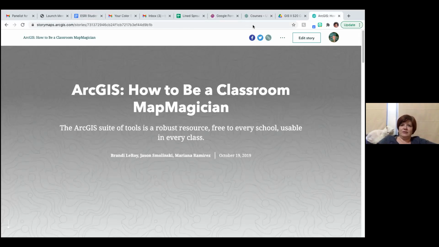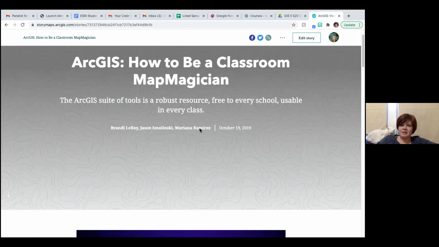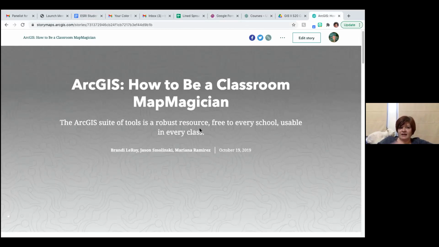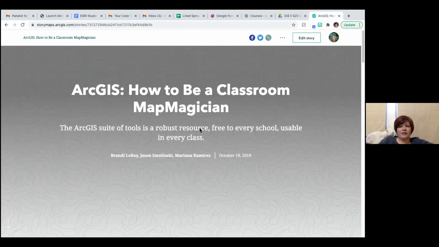This is one I used to introduce ArcGIS at National Geographic a couple of years ago, but the information's still the same. And so ArcGIS, I have a friend who calls it Google Maps on steroids. You can do so much with it, but I do find that the maps and the use of the maps can always be used better than with Google Maps.